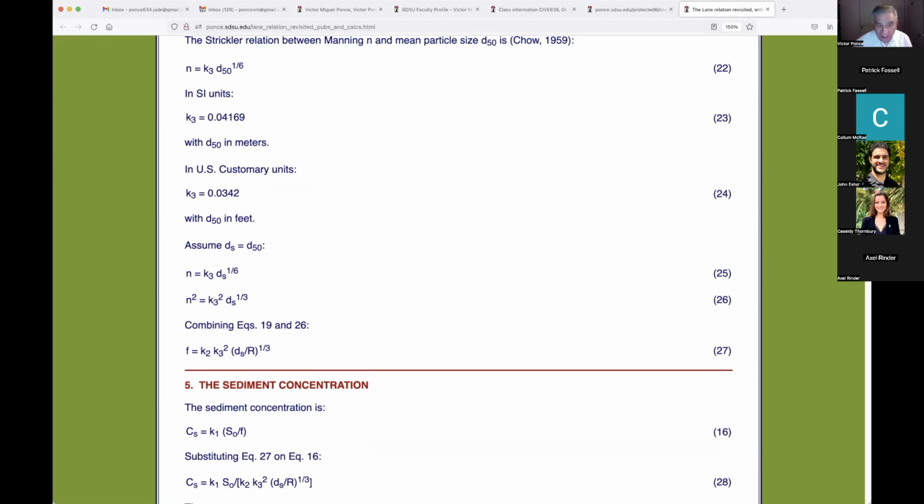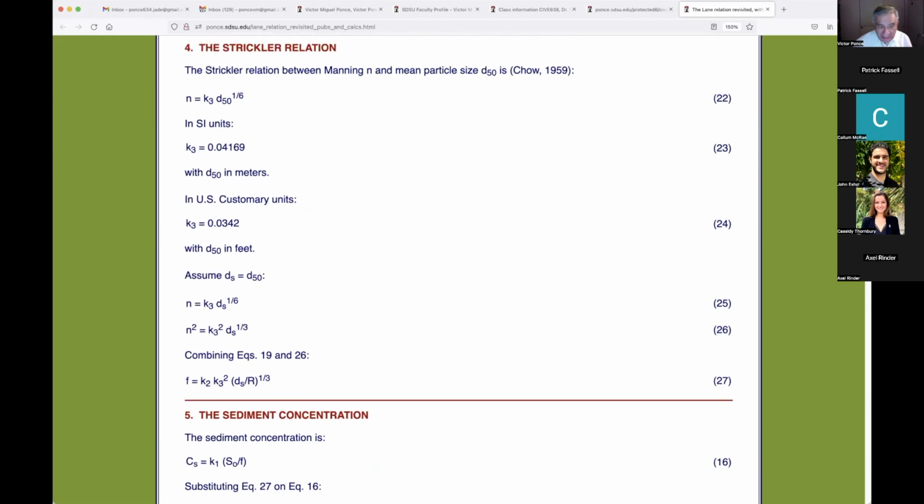A side story is that the Germans, as I understand it from what I read, invert the Manning equation. Manning's n is in the denominator; they put it in the numerator, and they call it the Strickler formula.